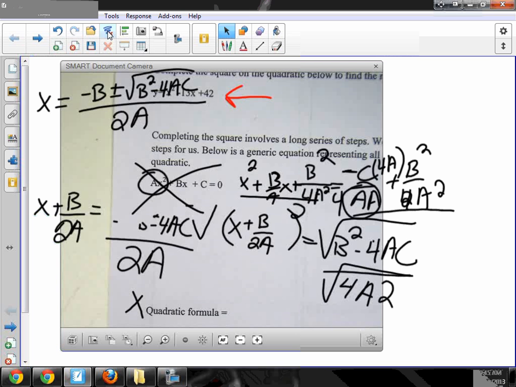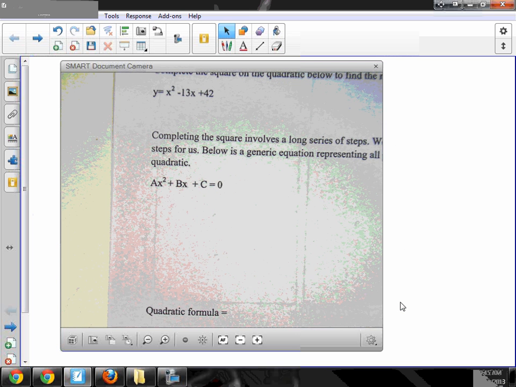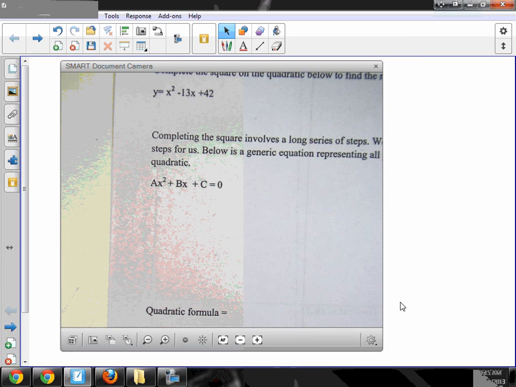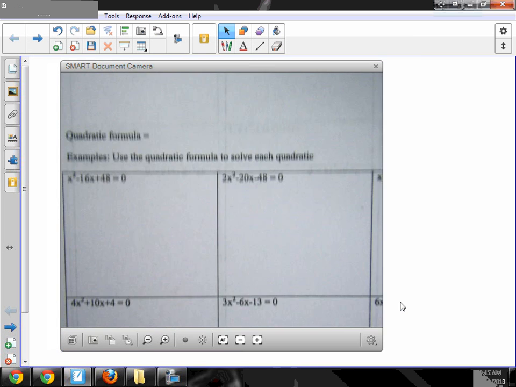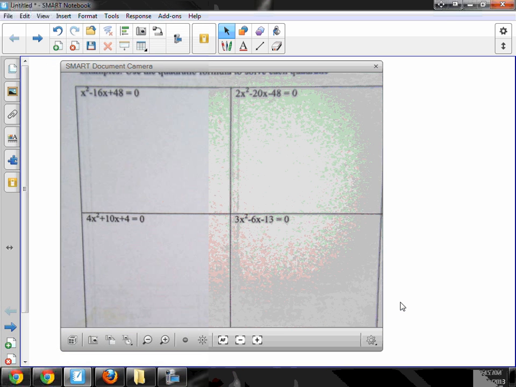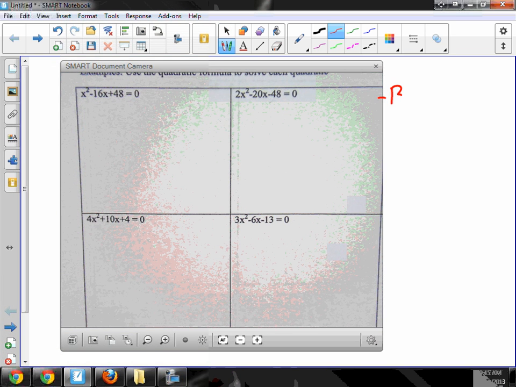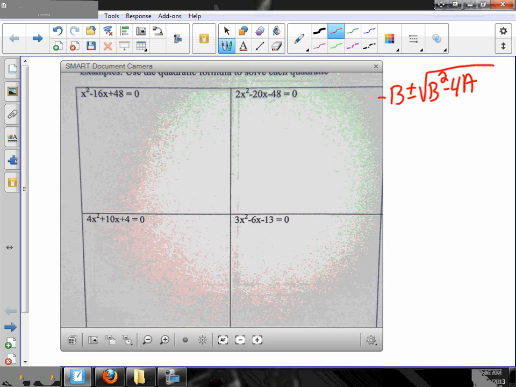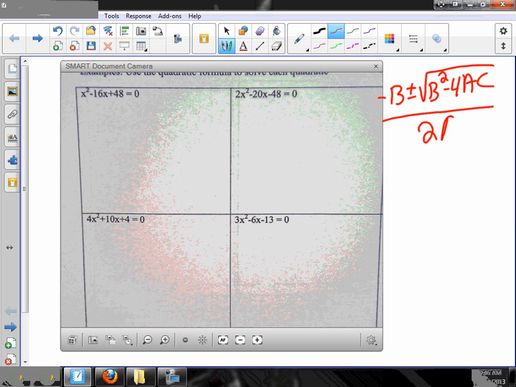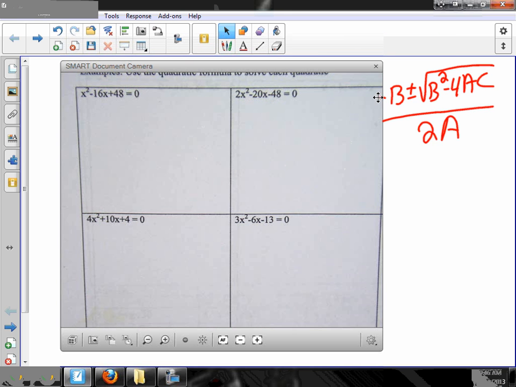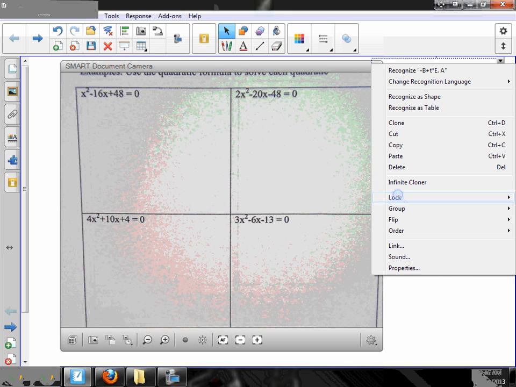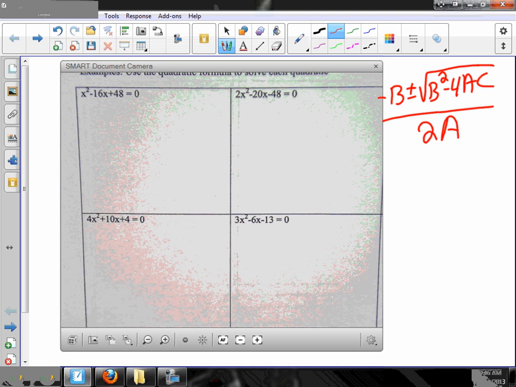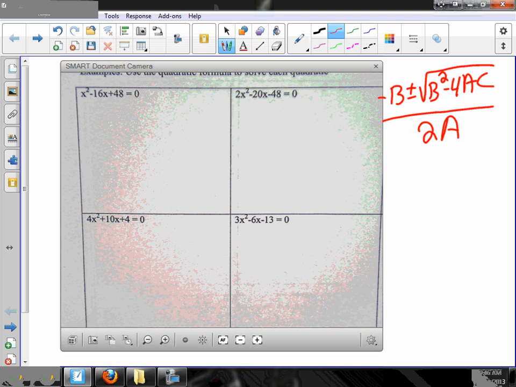Okay, so let's use the quadratic formula. We have 6 problems we're going to work together. So I'll write the formula over here. Negative b plus or minus the square root b squared minus 4ac over 2a. Okay, so for the first problem, negative b is going to equal 16.